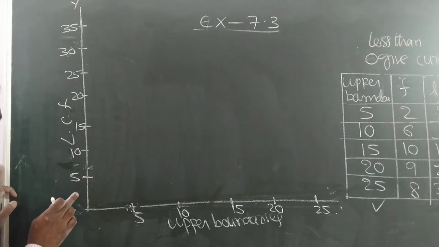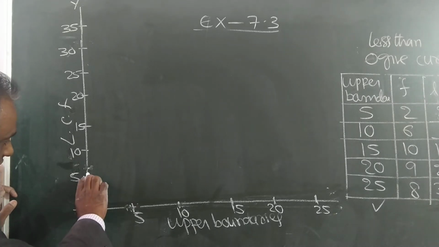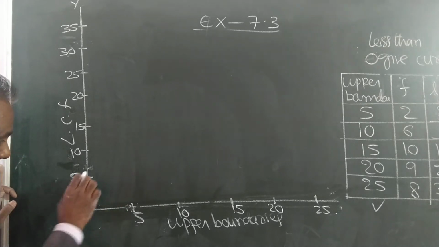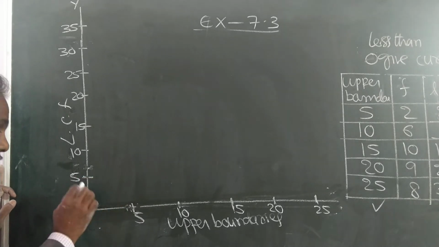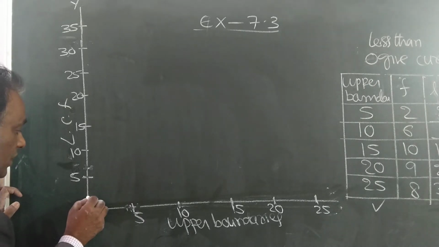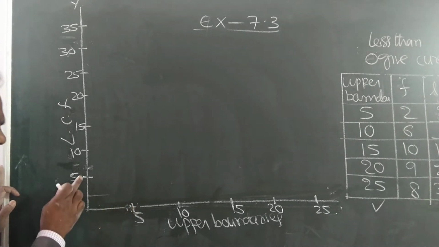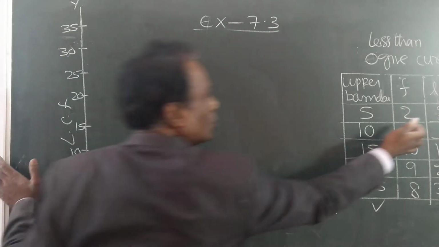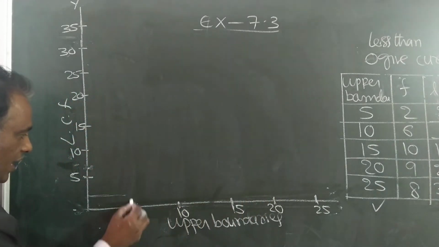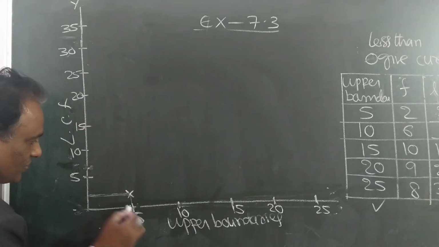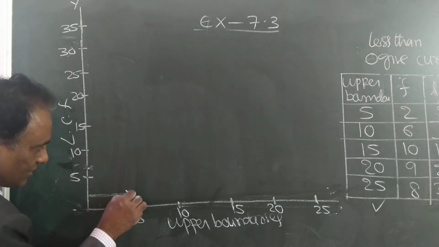If you take the big square as 5, the small squares will be 10 squares, so each 2 squares you can take 1. So 2 means total 4 squares. So 2 is somewhere here, and this is 5. So 5, 2 is the point.